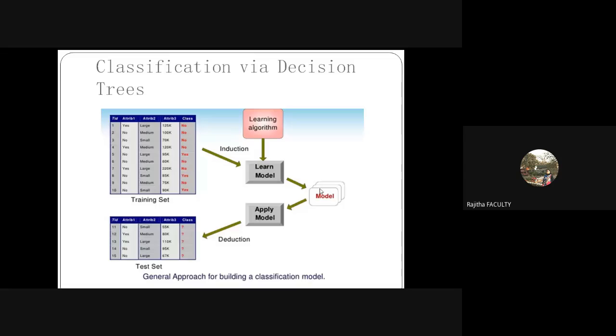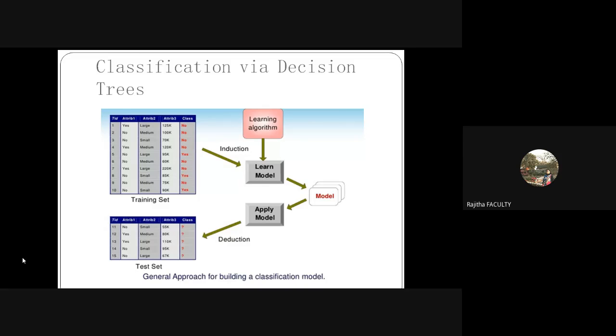Now you can observe the test samples don't have a class defined, right? The labeling for the class is not present, so you need to classify them. For that, you take this model and apply it on this test data. Now it will classify whether the first row belongs to yes or no, whether the second row belongs to yes or no, the third row belongs to yes or no, accordingly, right? So like that, you need to decide which particular row belongs to which class.